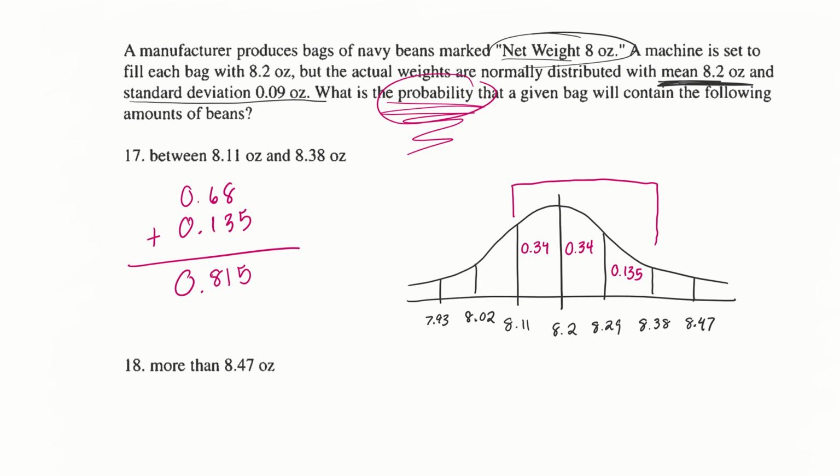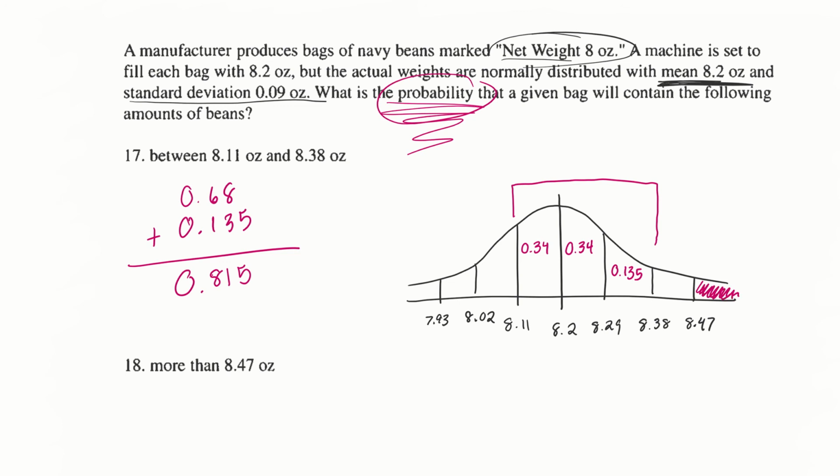And if you were to look at this on a normal curve, 81% of the curve is kind of covered between those numbers. And for number 18 here, this was off of my Algebra 2 test, it says, what is the probability that it's going to be more than 8.47? So I'm just looking for this area.